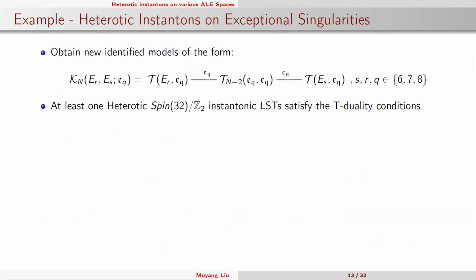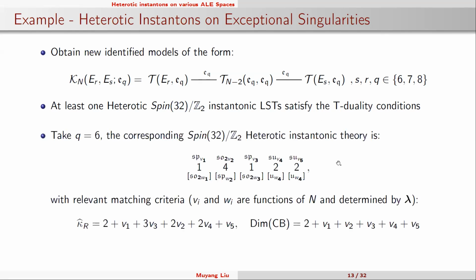So for instance, let's talk about the examples relevant to heterotic instantons on exceptional singularities. This can be expressed in the generic form where you can take S, R, Q to be any numbers among 6, 7 and 8. We present all possibilities in our work. And we found at least one heterotic Spin(32)/Z2 instantonic Lagrangian series that satisfies the T-duality conditions.